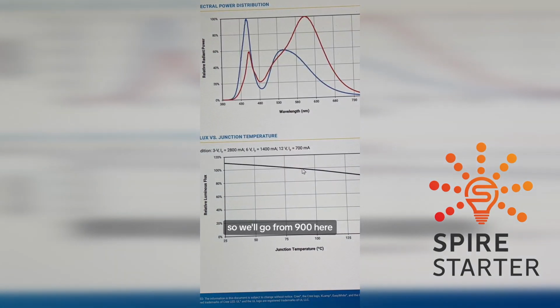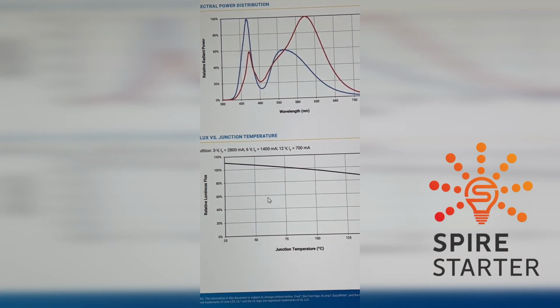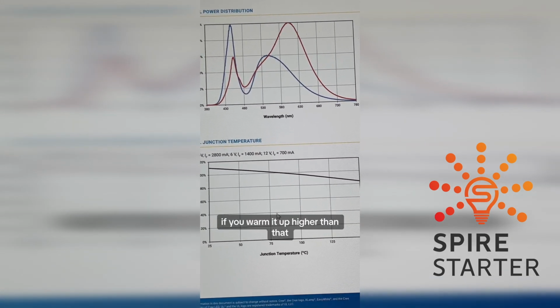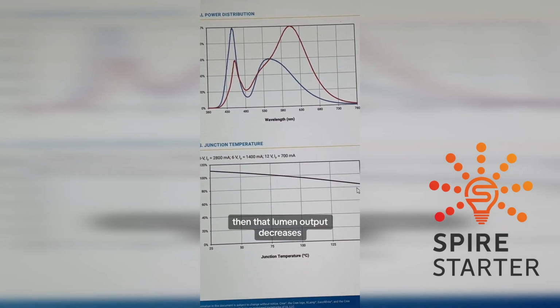So we'll go from 900 here to 990 lumens when we lower the junction temperature of the LED. But notice the other side of this chart. If you warm it up higher than that, then that lumen output decreases.